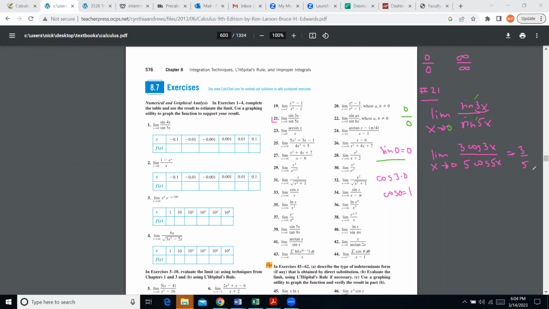And sometimes you have to use it more than once, but eventually whatever dominates will give you the answer. Like, for example, if I take a look at exercise number 19, you can see that you could probably take 4 derivatives of this, but I can say that this is equivalent to x to the power of what dominates here? The numerator, right?